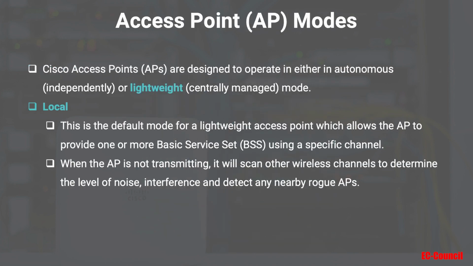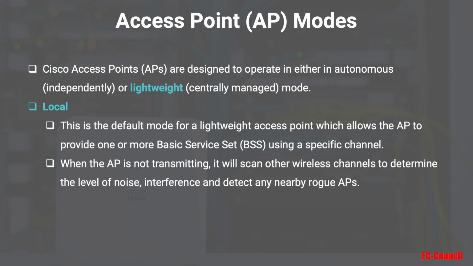Access points operate in different modes. Cisco access points are designed to operate in either autonomous mode, which is independently managed, or in lightweight mode. In lightweight mode, they are centrally managed by a wireless LAN controller. However, these modes can be further broken down. So let's look at local.